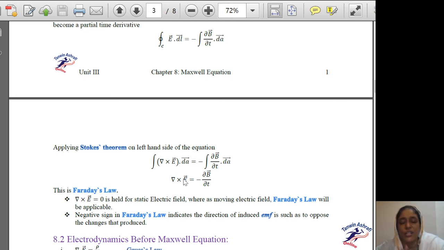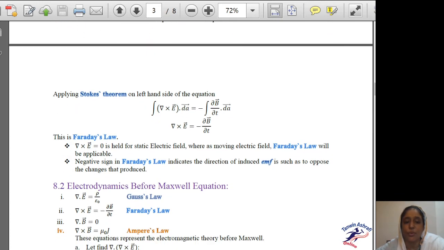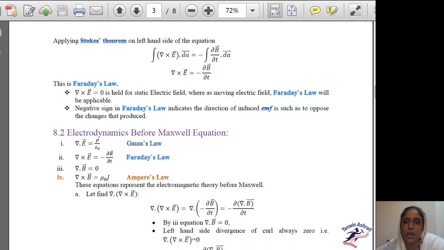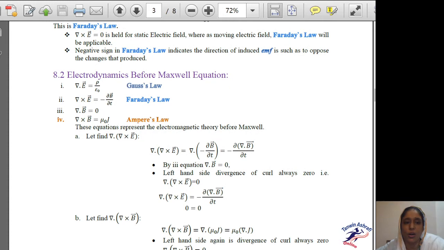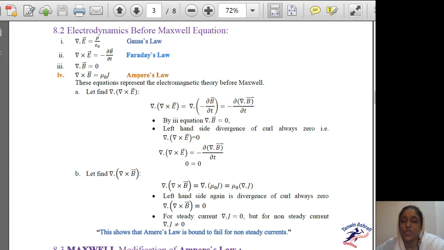When the field is changing, the Faraday law will be applicable. The negative sign in the Faraday law indicates the direction of the induced EMF is such as to oppose the change that produced it. Now, electrodynamic equations before Maxwell. We will remind ourselves of some of the equations which we have studied.